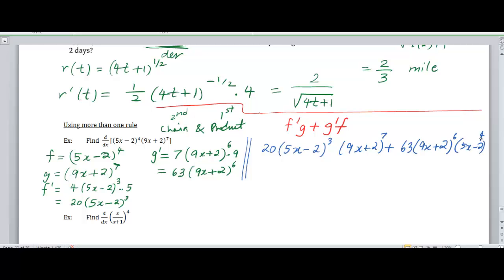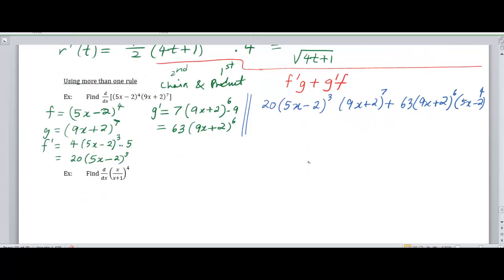Okay? Now that is it. I think that is our final answer, because there's no way we can combine any of this, right? So we have our final answer here.